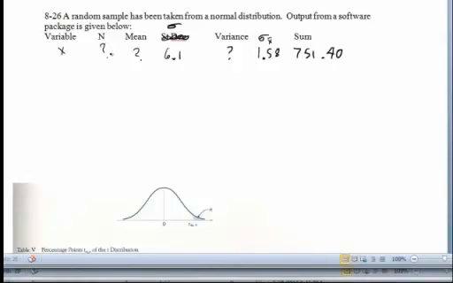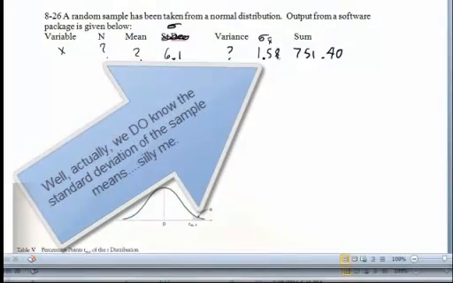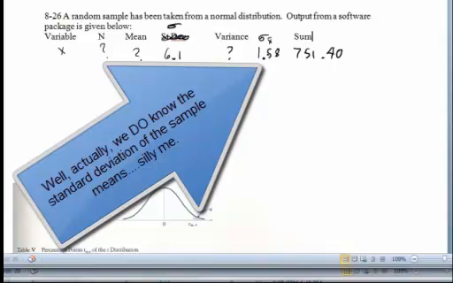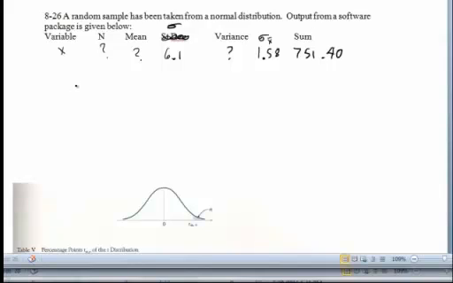We don't know how many were in the sample. We don't know the mean. We don't know the standard deviation or the variance. We do know the standard deviation, but we don't know the standard deviation of the means. But we do know the sum that we got. So they're asking us to, first off, please figure out what some of those missing variables are.